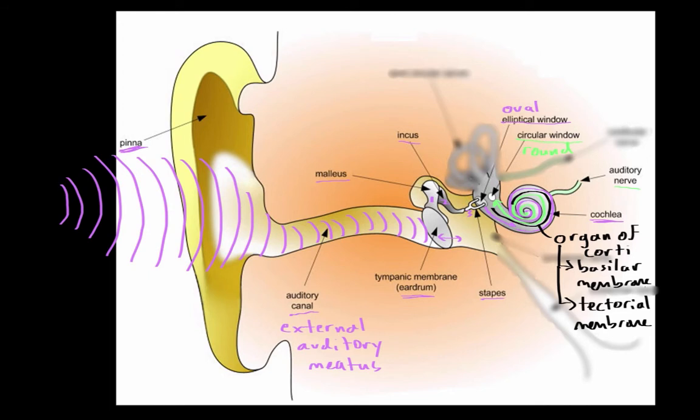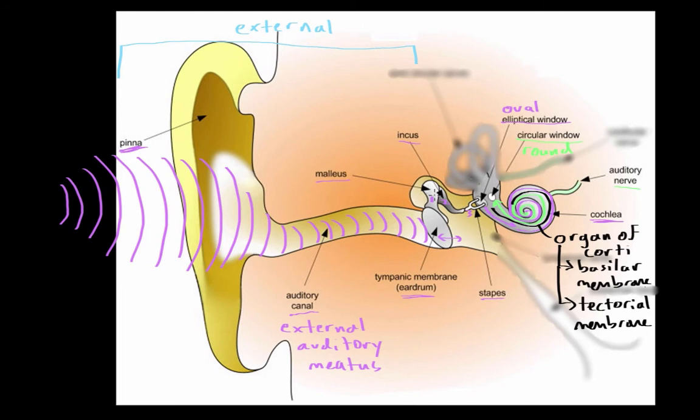So one final thing that I just want to touch upon is a general classification of the different parts of the ear. So this outermost part of the ear, from the pinna all the way to the external auditory meatus, all the way to and including the tympanic membrane or eardrum, is known as the outer or external ear.